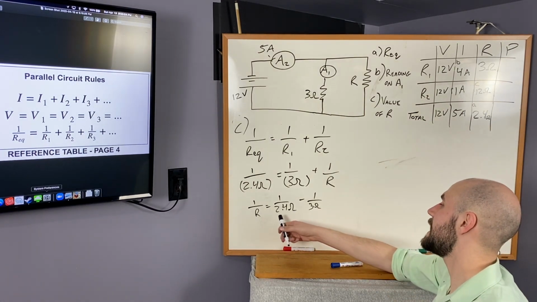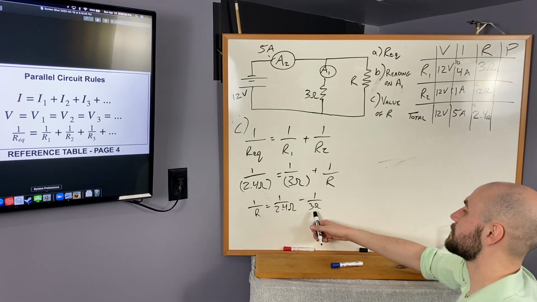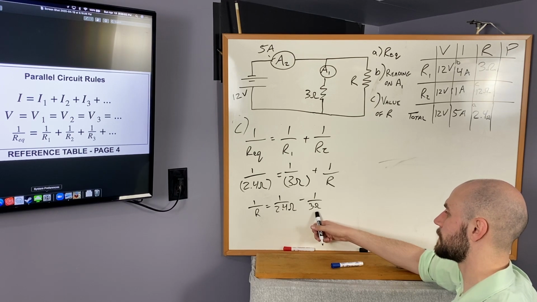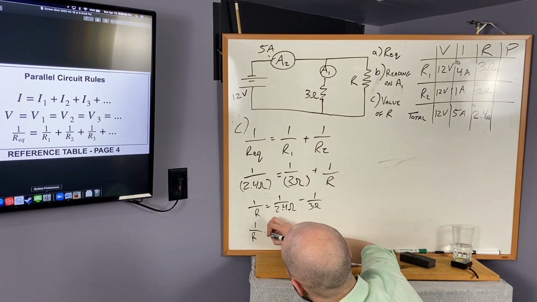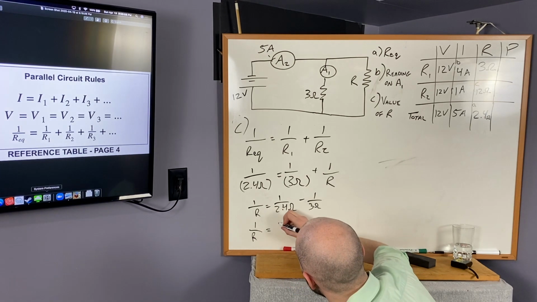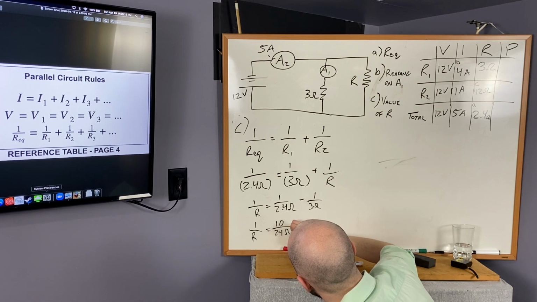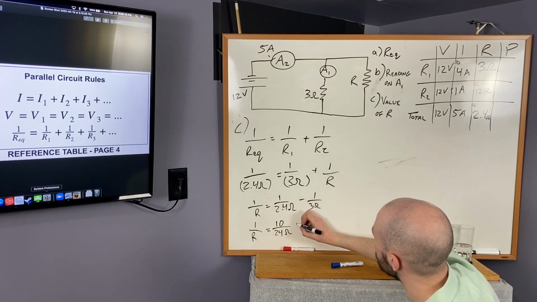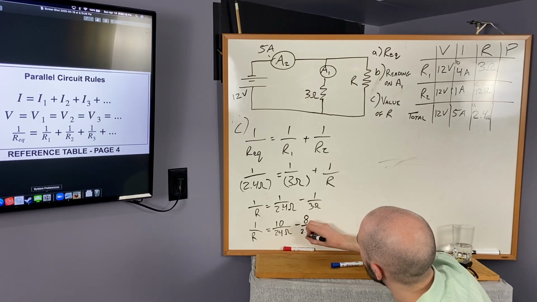I can see that a factor that's common between these two is 24. If I multiply this by 10, I get 24. If I multiply this by 8, I get 24. So, hopefully you can still see it down here. 1 over R is equal to 10 over 24 ohms minus 8 over 24 ohms.